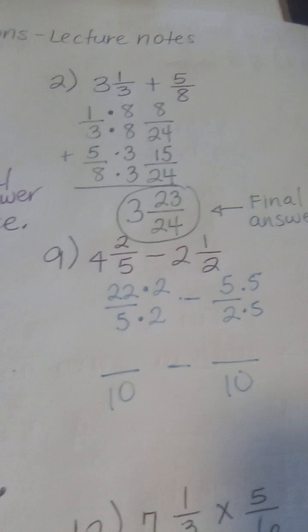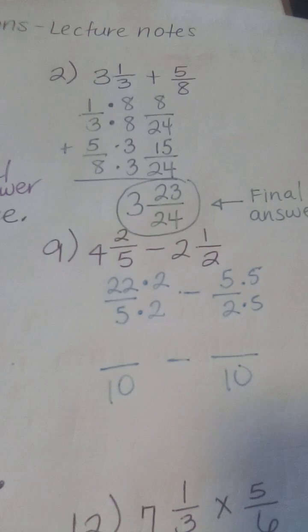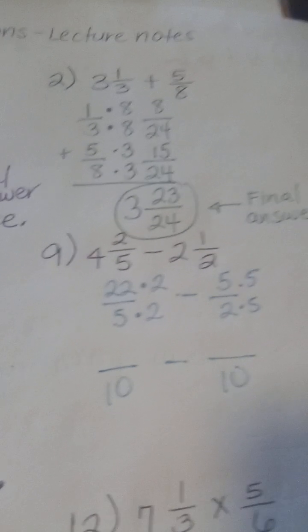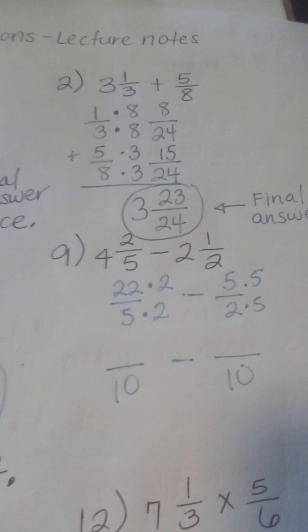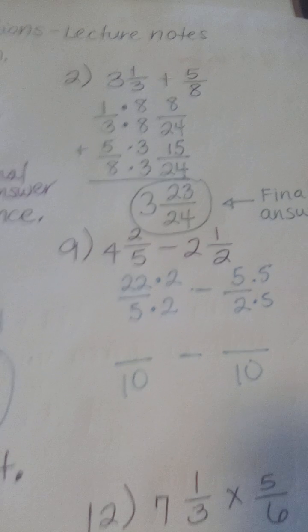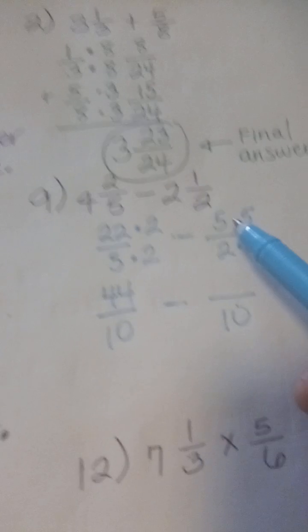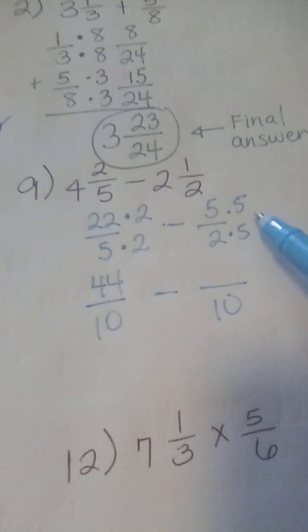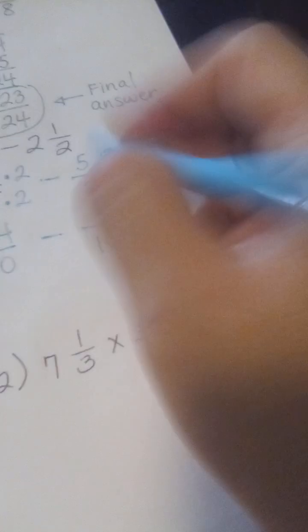All right, here's the fun part. Now, everything okay to this point? Wonderful. Now we're going to do the numerators. What's 22 times 2? 44. 5 times 5, I believe, is 25.